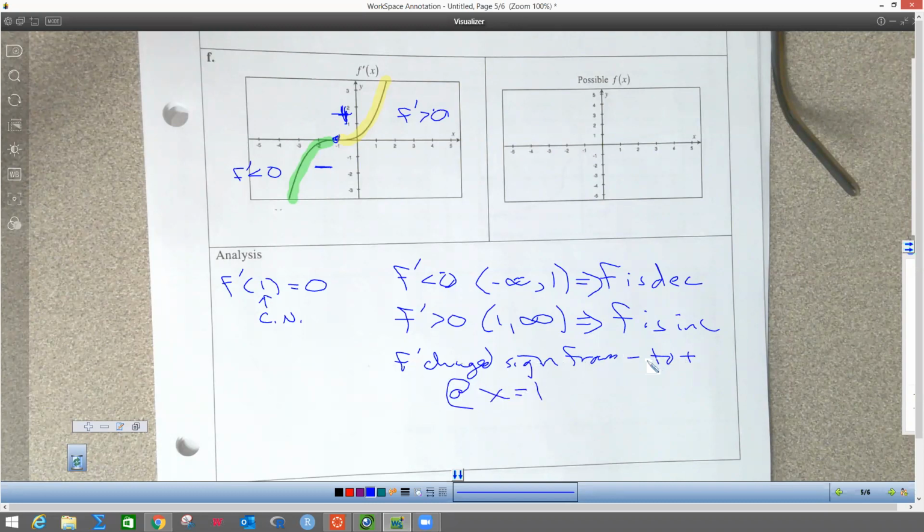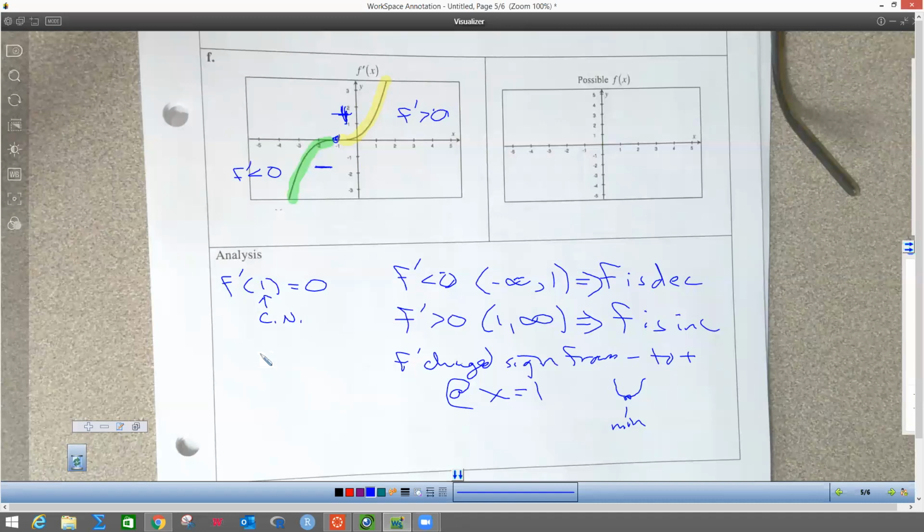Well, what does that mean to me? That means that the graph was decreasing and started increasing at 1. So what does that tell me? That tells me there's a minimum at 1. There's a minimum value of this graph at 1 because this is the reasoning to have this.